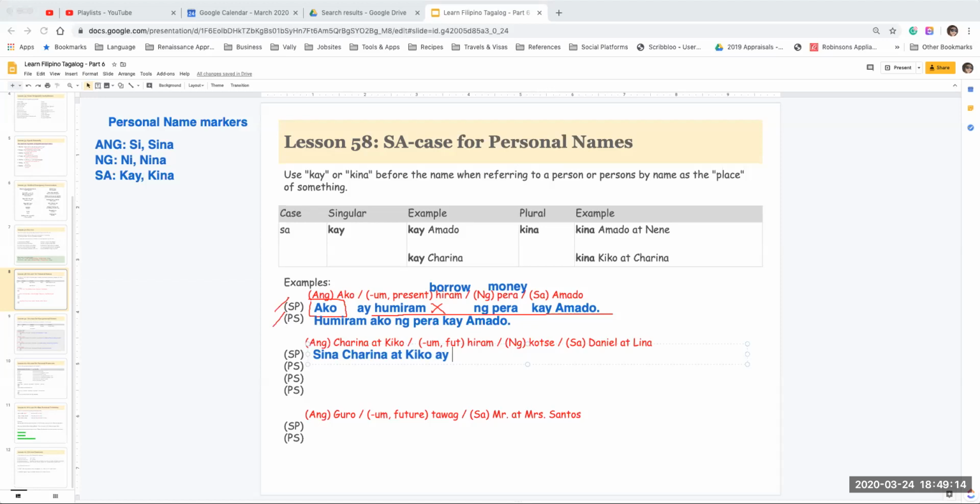We will repeat the first syllable plus the root word. Hihiram. Yes. What will they borrow? Ng kotse. Yes. From who? Kina Daniel at Lina. Very good.